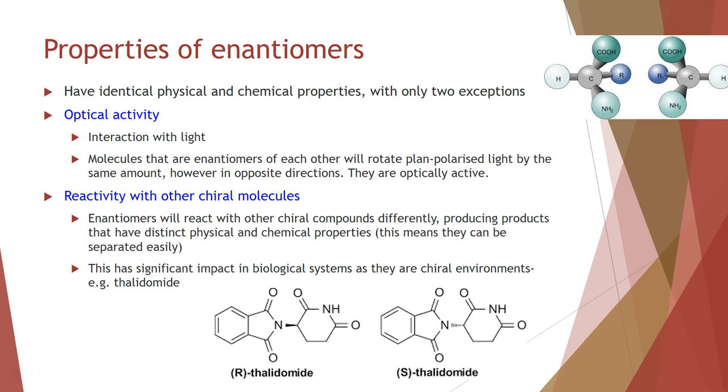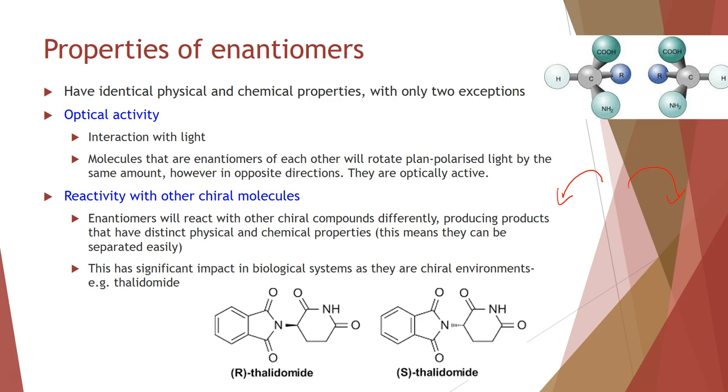The only way that enantiomers differ is by their optical activity, that is to say their interaction with light, and we talked about plane polarized light. They will rotate plane polarized light. One enantiomer will rotate it to the left, the other will rotate it to the right. The way they interact with other chiral substances is different too, so they produce products that have different chemical or physical properties.